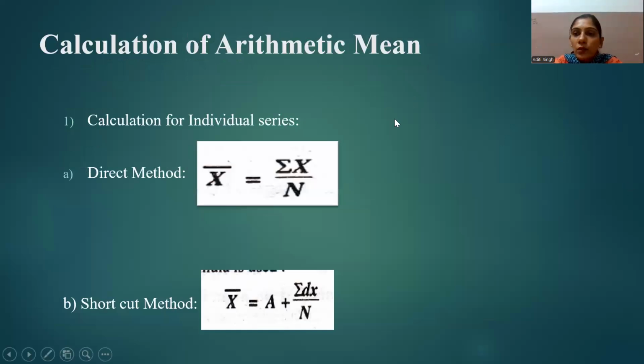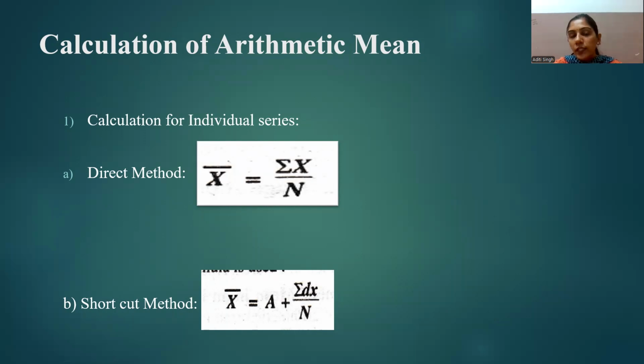Now we will do the calculation of mean on the basis of individual series, discrete series, and continuous series. For doing the calculation for all these three series, we calculate the mean by two methods: the direct method and the shortcut method.